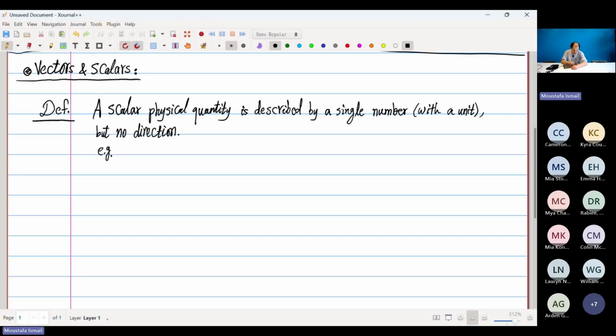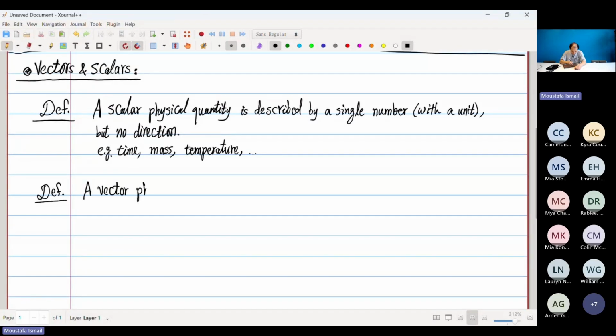Examples are time, mass, temperature, etc. On the other hand, we have a vector quantity.